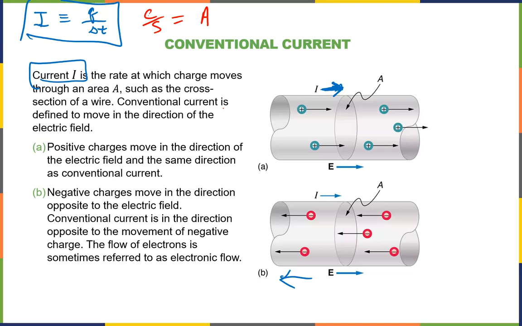Okay, here's reality. If current is going to the right, you have negative charges going to the left. Just like when we were talking about vectors first semester, if I have a vector that's negative 5 meters east, that's really 5 meters to the west. And for physicists, we're happy with that.